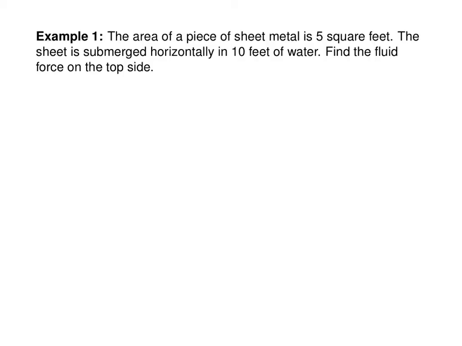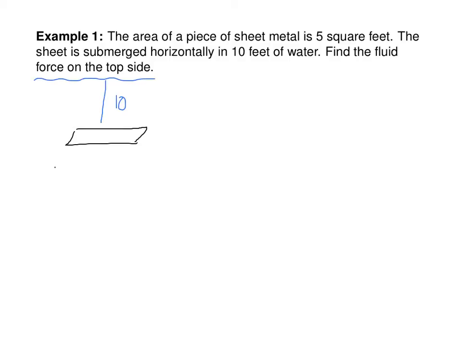So the area of a piece of sheet metal is 5 square feet. The sheet is submerged horizontally in 10 feet of water. So what we have is a sheet of metal, its area is 5 feet, and it's 10 feet down.